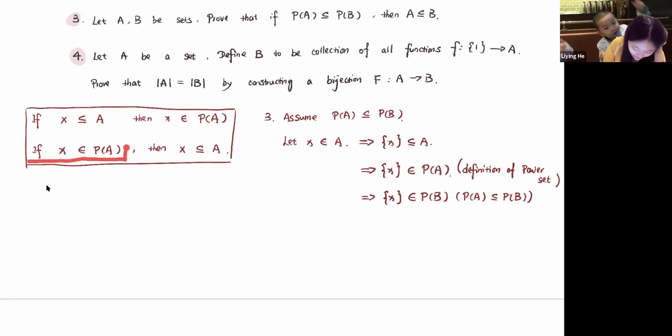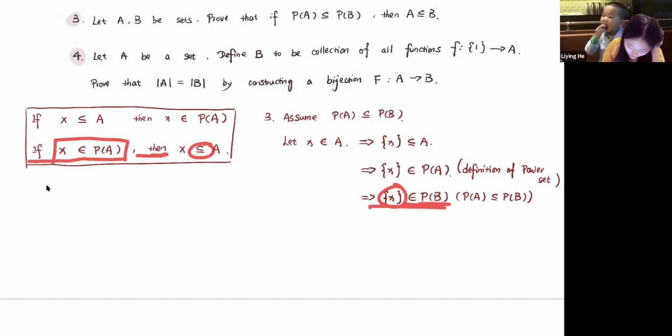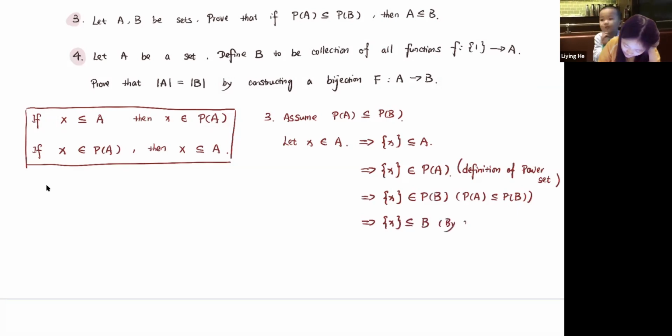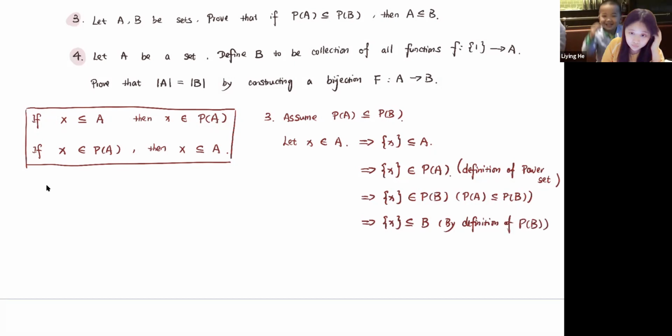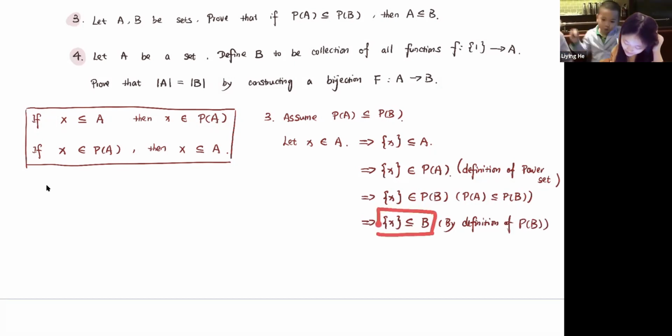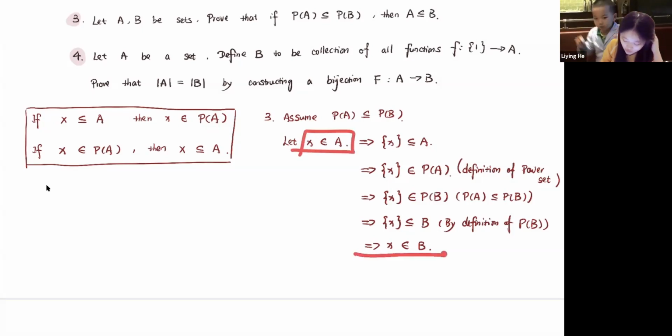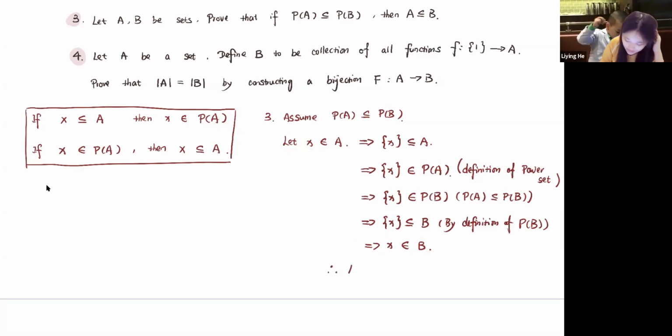If X is an element of power set of A, then X is a subset of A. So here, this is an element of power set of B, which means that this is a subset of B. This is again by definition of power set of B. Since this is a subset of B, then X must be an element of B. Now we show that if X is an element of A, X is also an element of B. So therefore, A is a subset of B.